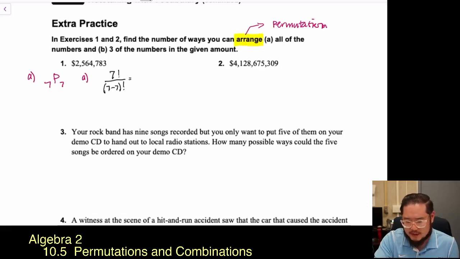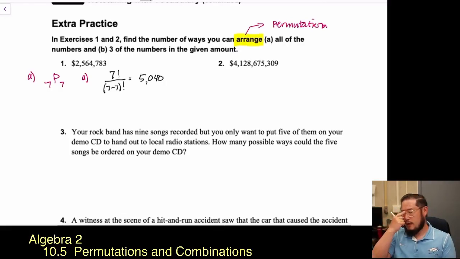And all of this right here ends up equaling 5,040. So there's 5,040 different ways for us to arrange all the numbers. Okay, let's move to part 2.